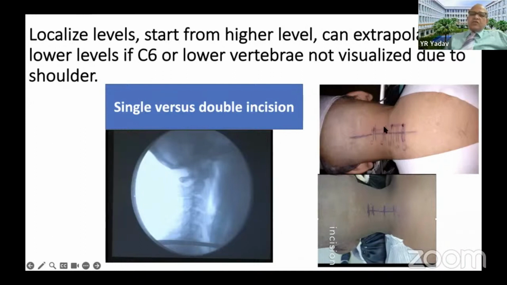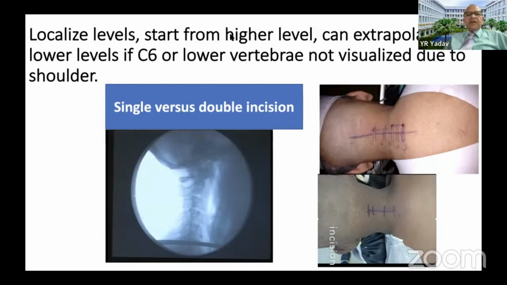These are the 2 possibilities. Previously, I was using 2 incisions, but now I favor a slightly larger single incision, because working through a single incision is better, and retracting the muscle after finishing at 1 level and then going on to the second level becomes quite difficult.